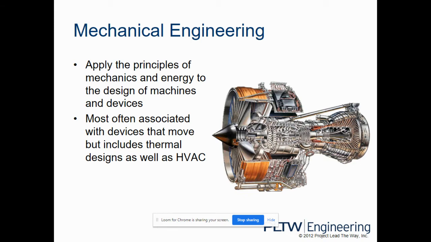And when you have a lot of things rotating or moving, quite often you have heat generated. So that heat has to go somewhere. So the cooling or lubrication systems are all mechanical engineering. Your heating and air conditioning, even though they can often be powered by electricity, the actual equipment is looked at by mechanical engineers.